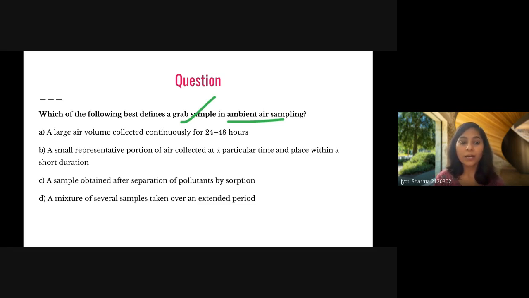A is a large air volume collected continuously for 24 to 48 hours. B is a small representative portion of air collected at a particular time and space within a short duration. C is a sample obtained after separation of pollutant by sorption. And D is a mixture of several samples taken over an extended period.